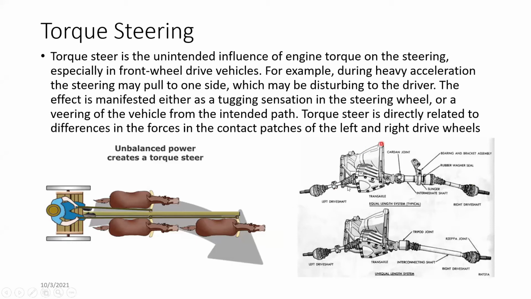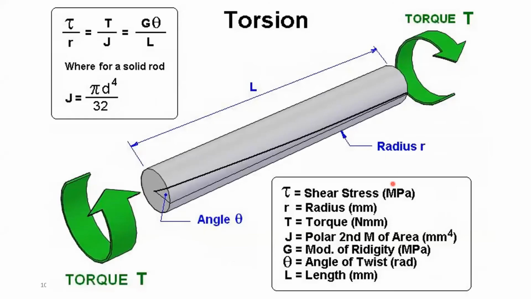To fix this, we have to use a similar arrangement to the one shown in the top image. The drive shaft lengths are equal, but there's an additional shaft in the middle to fix this, right? The torsional effect actually increases with the length.